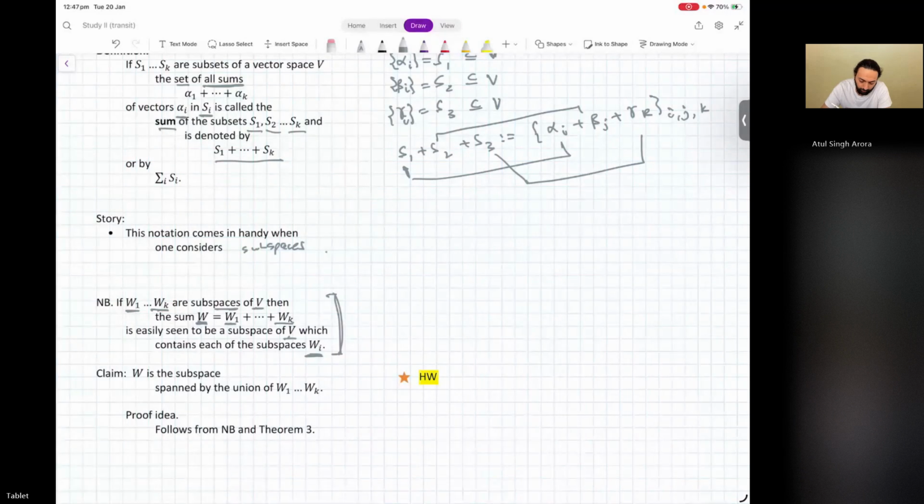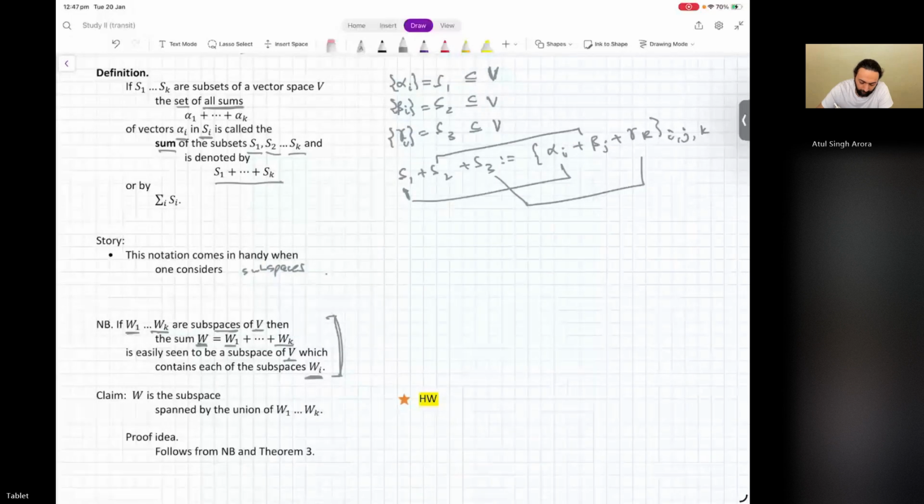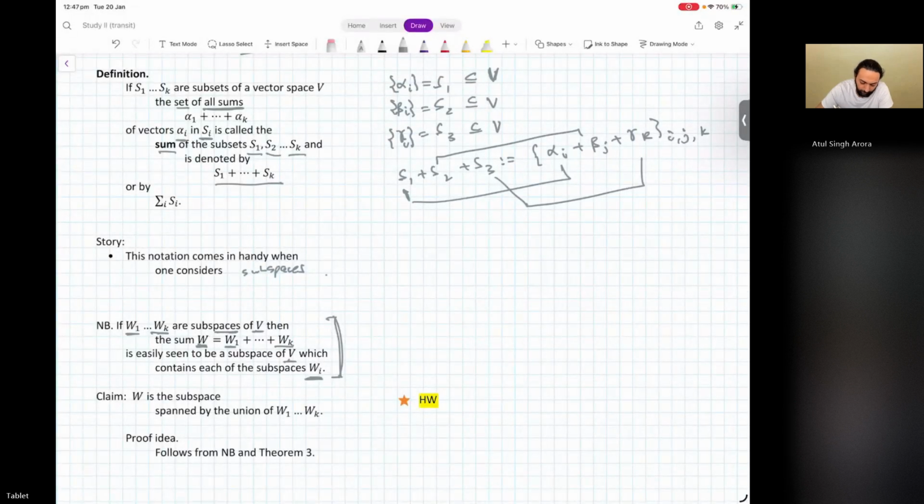All right, so all of them are subspaces. Let's try to do it for W1.